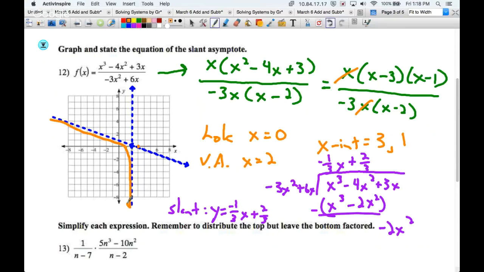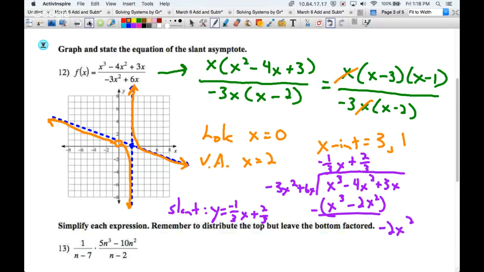From below the slant asymptote, from negative infinity, went to the left of this one, disappearing at negative infinity, coming back in at positive infinity. Kind of like that. Let's add in the hole at 0. And I think that's a pretty good graph.